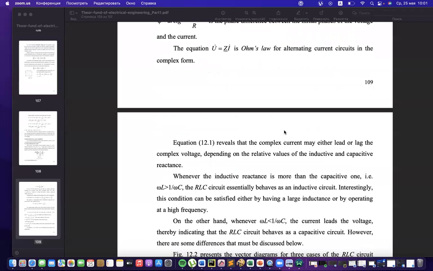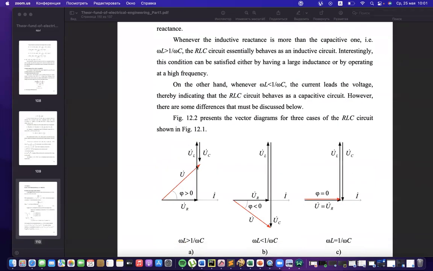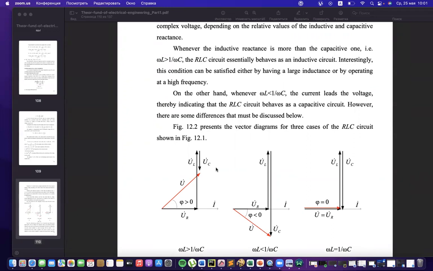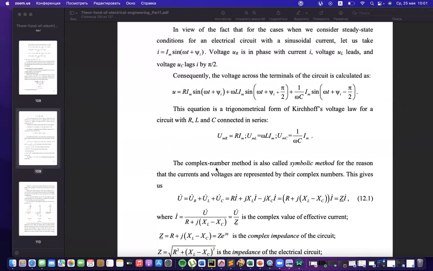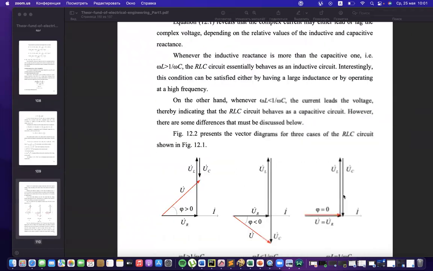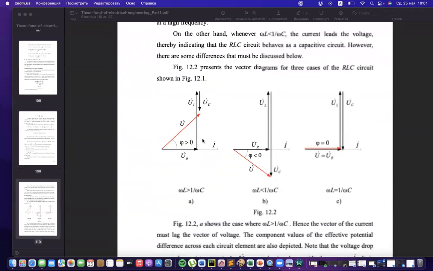Then, because voltages make a triangle with a 90 degrees angle, if we point all vectors, voltages and currents, on our diagram, we will obtain a triangle with a 90 degrees angle.